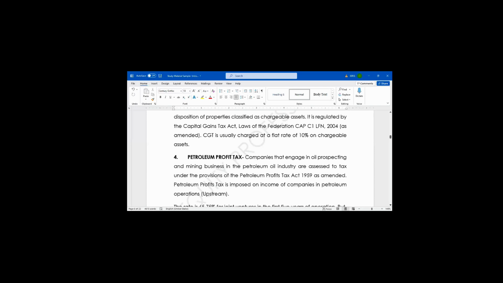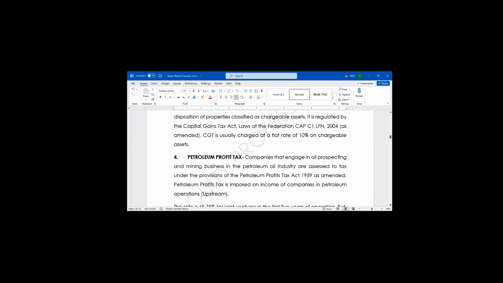It is the tax imposed on profit of a company engaged in upstream petroleum operation. You know, petroleum operation is divided into two. We have upstream and downstream.